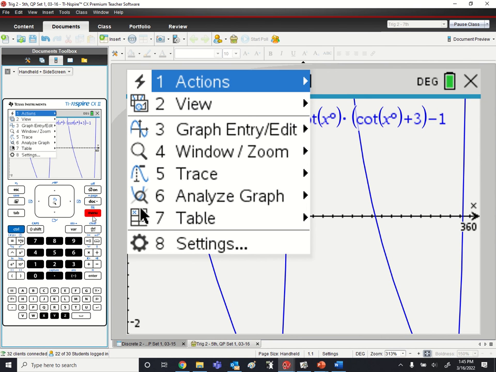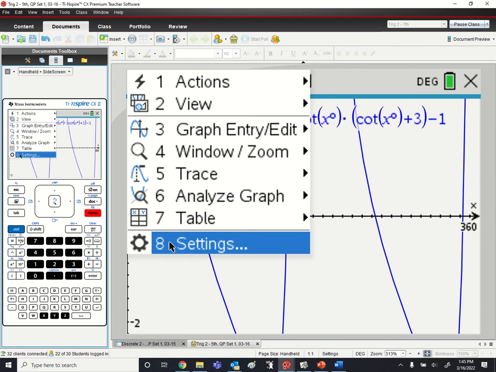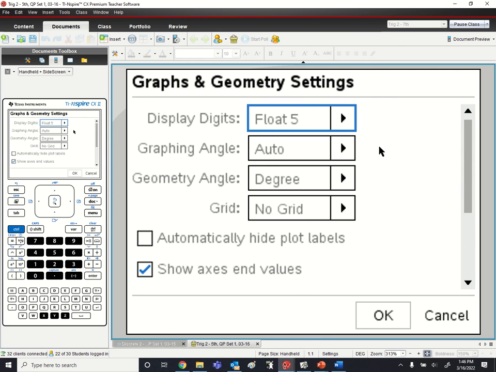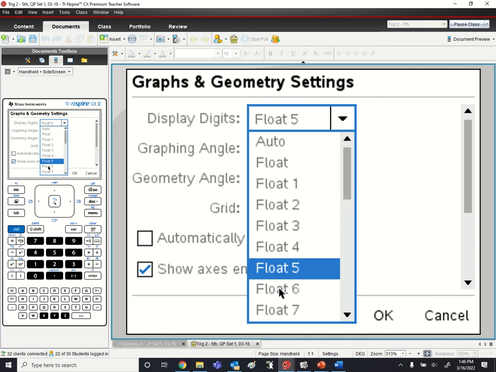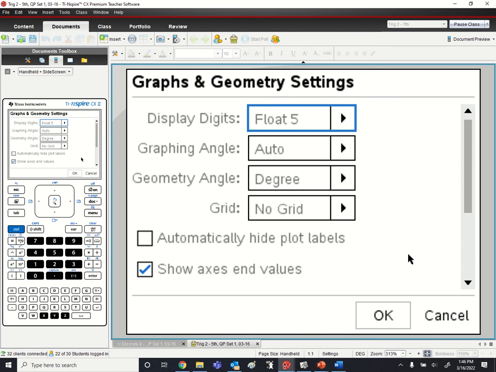I hit menu, settings, and float either 5 or 6. Either way is fine, but you need at least a minimum of 5. So when we're approximating, that's going to be important.